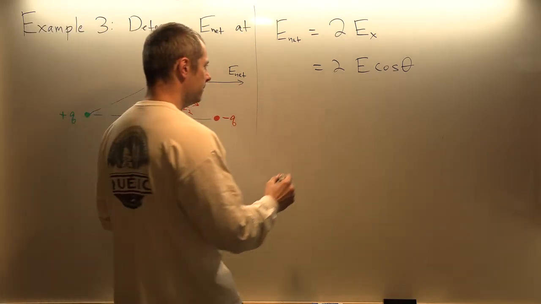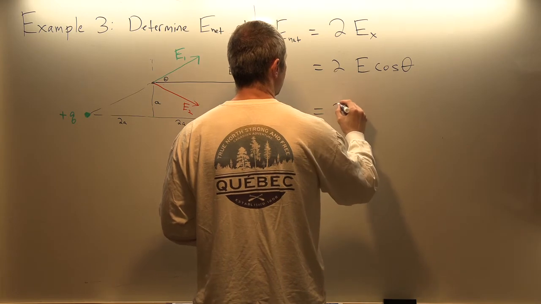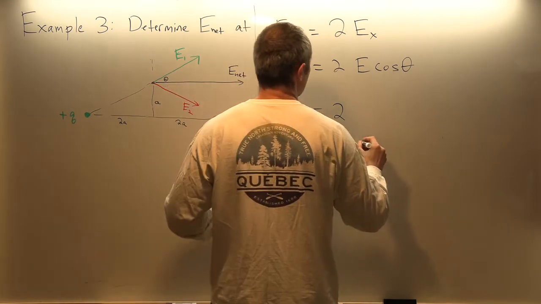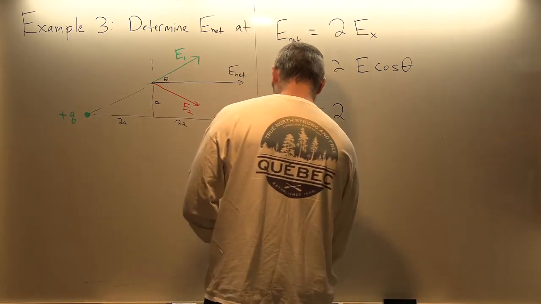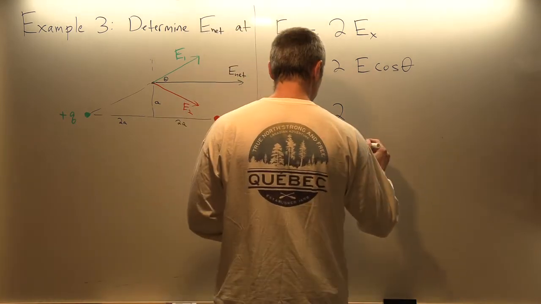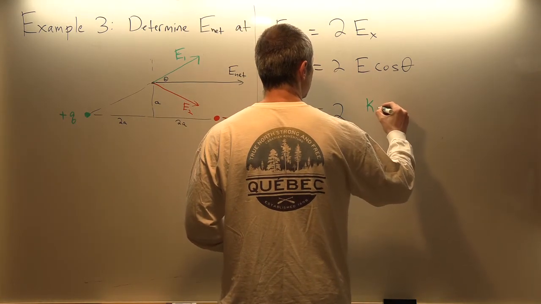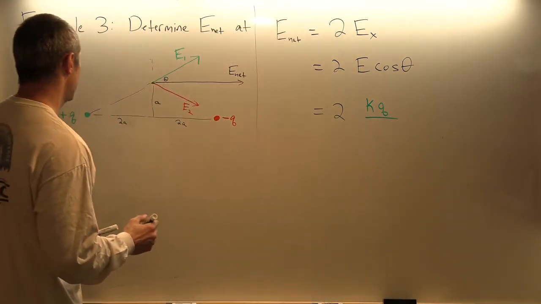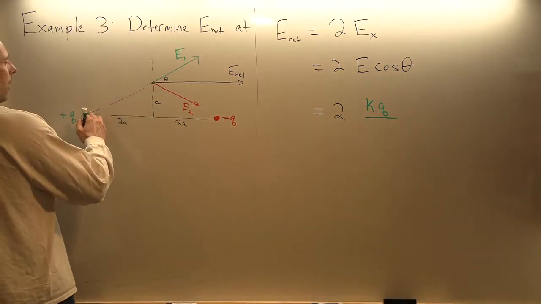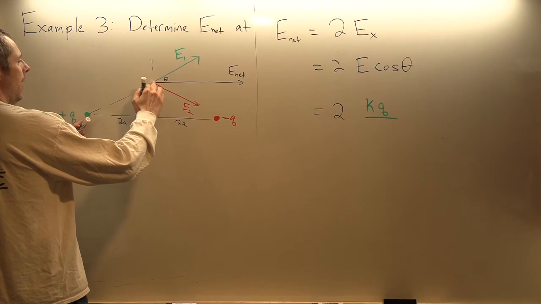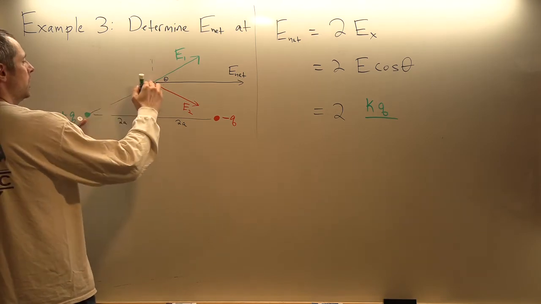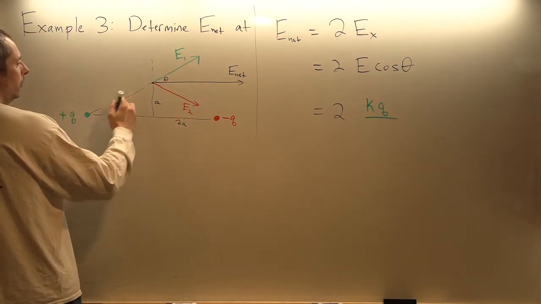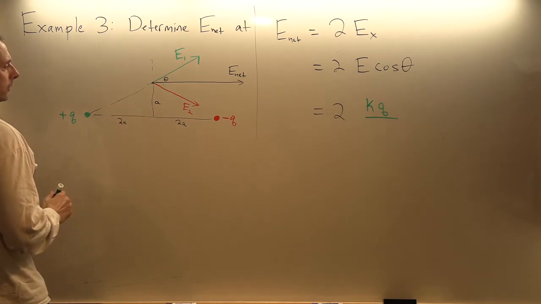Plugging in, the length of that arrow is kq over r squared. Now again, r is how far away that point is from this charge creating an electric field. It's along here, the hypotenuse.